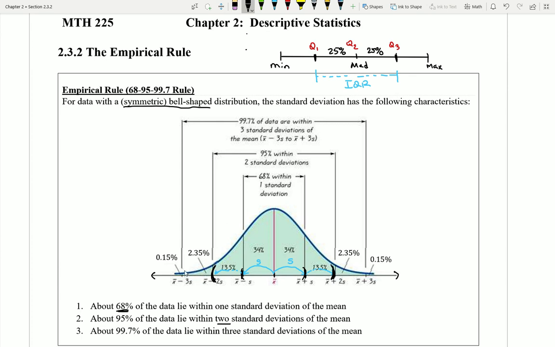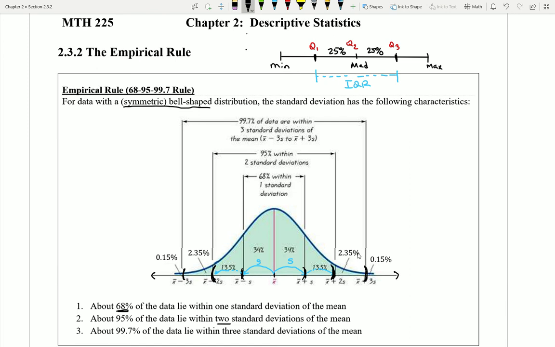If I move out one additional standard deviation in both directions, I almost grab all the data. In fact, I get up to about 99.7% of all of the data. Past 3 standard deviations, hardly any of the data occurs at all. Notice that's a number of 0.15%, which is less than a single percent.